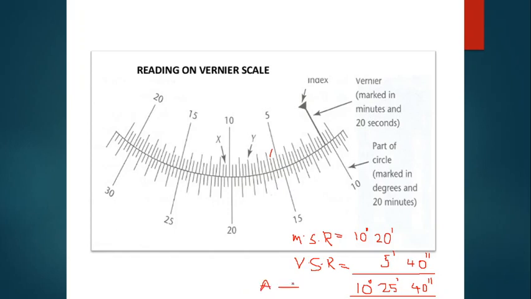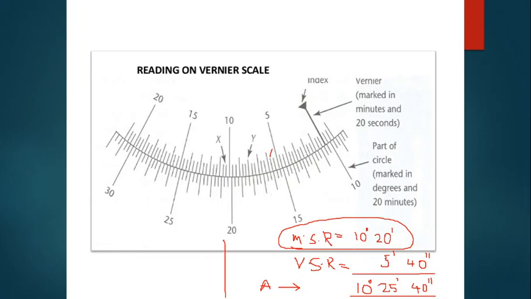Okay, so for each horizontal angle we need to consider vernier A as well as vernier B. In vernier B, the main scale reading will remain as it is, but the vernier scale coincidence may be slightly different from this one. Here it is 5 minutes 40 seconds, and in vernier B it may be 6 minutes, or 5 minutes 20 seconds, or 5 minutes. A slight difference may be there.